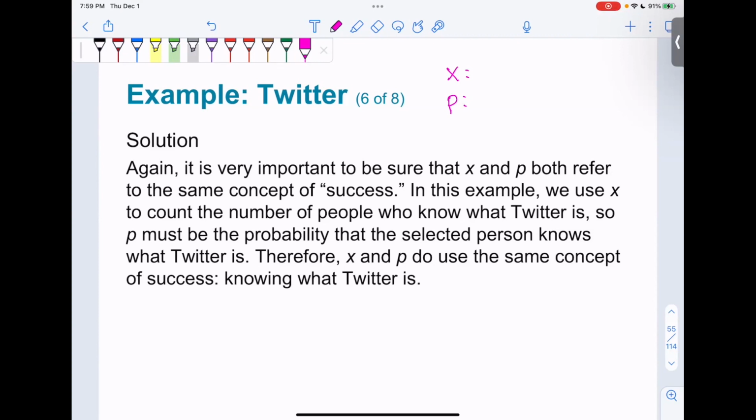So this is the probability of success in one experiment, and this is the number of successes. But both of them must be the same concept of success.